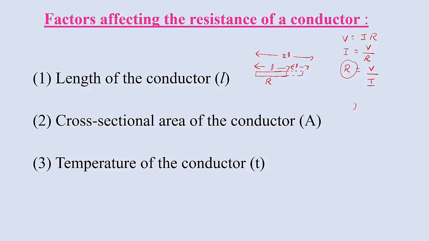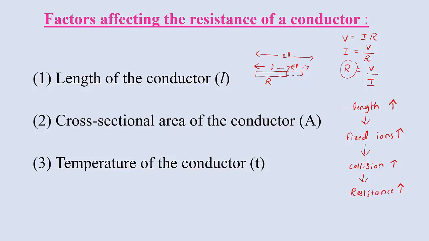When the length of a conductor increases, the fixed ions or atoms also increase. During the motion of free electrons, there will be more collision because there are more ions. As collision increases, opposition increases. Opposition means resistance. Resistance also increases.